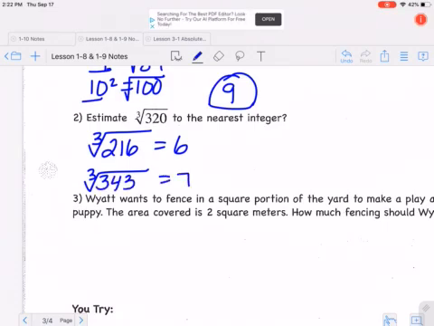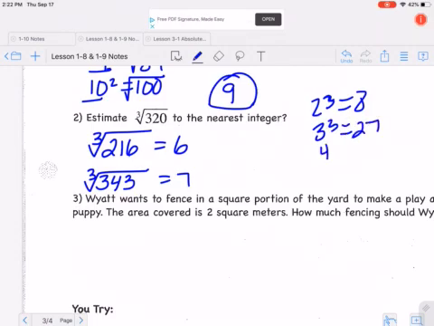So if you weren't sure, what you have to do is go through: 2 cubed is 8. 3 cubed is 27. 4 cubed is 64. 5 cubed is 125. Okay. So you'd have to go through the numbers to see which is closest to 320.